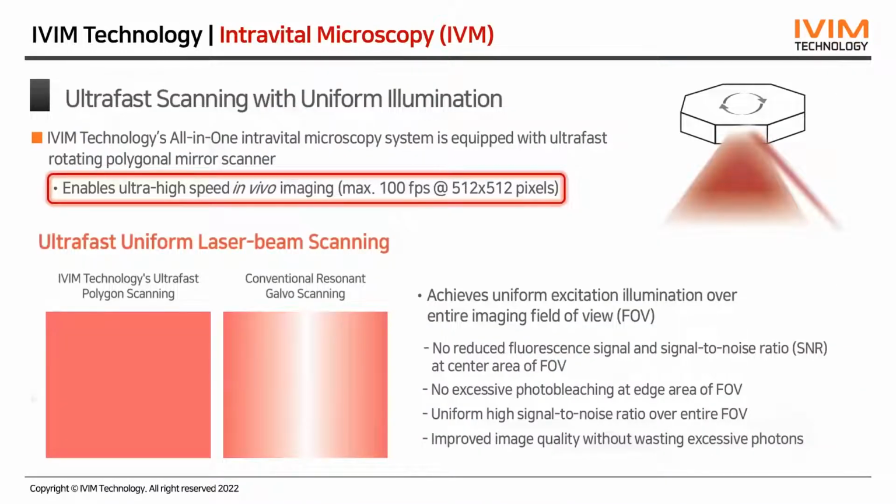I'd like to briefly introduce key technical features of IVIM's product. First of all, IVIM's all-in-one intravital microscopy system is equipped with an ultra-fast laser scanner, a polygon scanning system, which enables ultra-high-speed in vivo imaging at a maximum speed of 100 frames per second with 512 by 512 pixels.